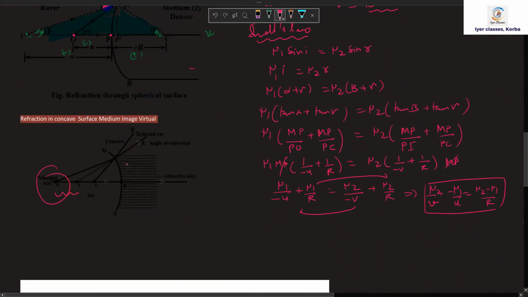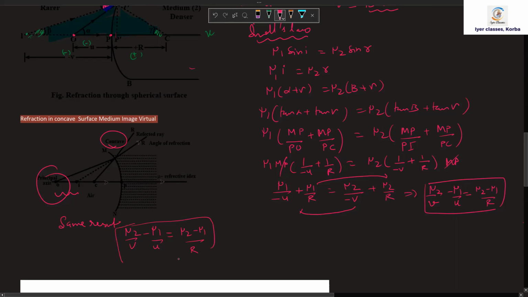Clear? If the object was, I have drawn again, the object is in the rarer medium and here the surface is the concave surface, then also I'll get the same result. But the diagram is very important. The formula is mu2 by V minus mu1 by U is equal to mu2 minus mu1 by R.